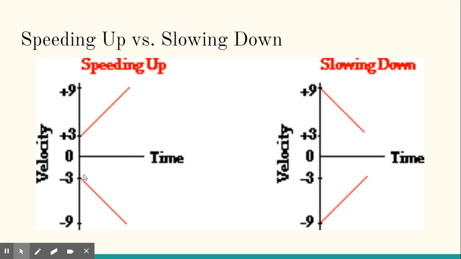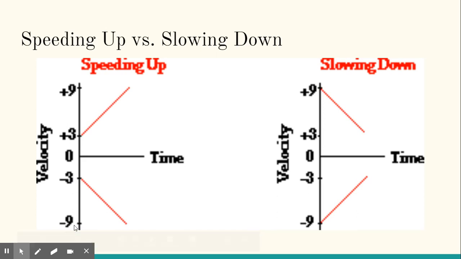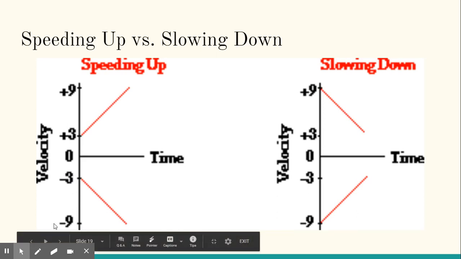However, in this scenario, we are starting at negative 3 meters per second, and we're going to negative 9 meters per second. So even though you're moving in the negative direction, your speed is increasing. You're getting faster backwards. That'd be speeding up in the negative direction.